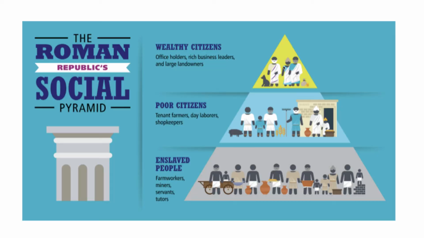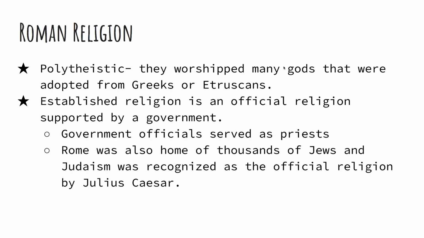So, Roman religion. They were polytheistic. So we all know they worshipped many gods, more than one god, that were adopted from Greeks and Etruscans. Their established religion was an official religion supported by the government. So government officials served as priests.